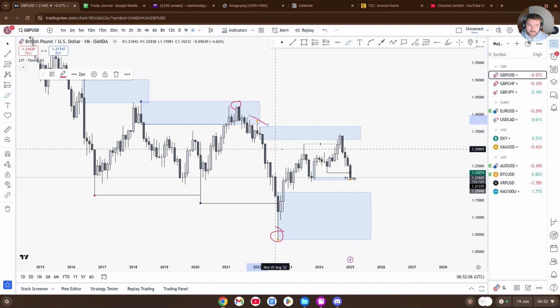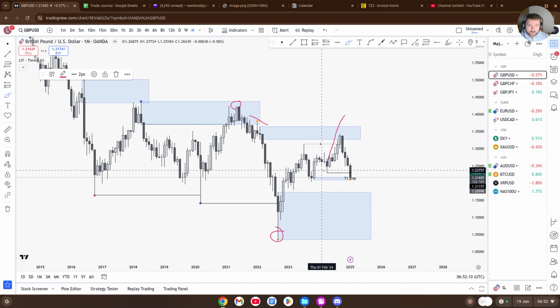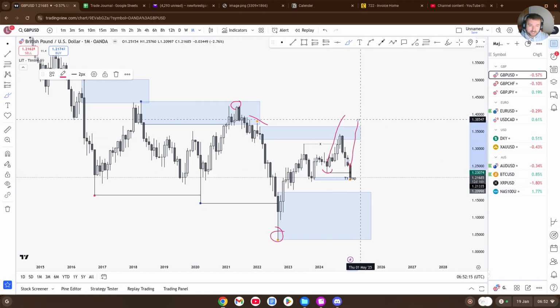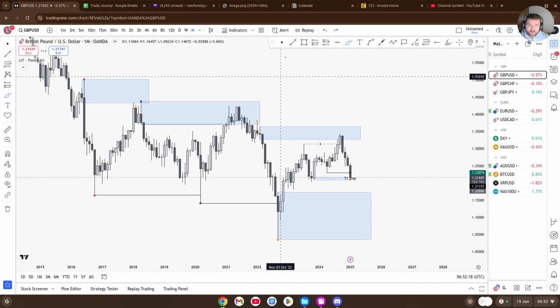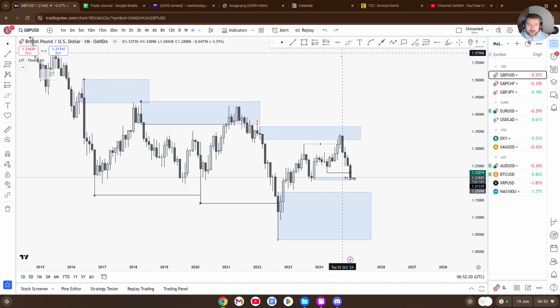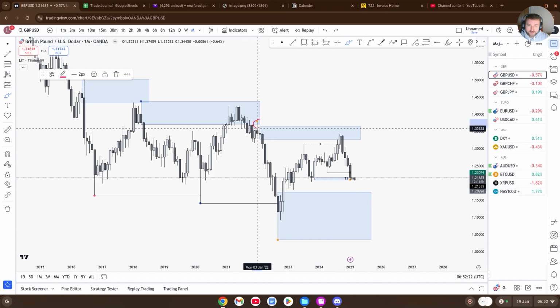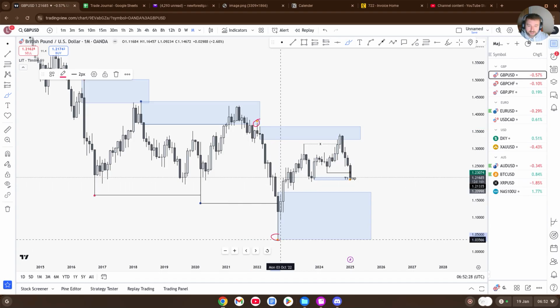So I was looking for that to get swept. I was looking for price to push up. That's why I was expecting this to hold, and I was looking for longs in here to come and take this out, and that obviously didn't happen. So now I know I was wrong, and where I went wrong is that this three candle formation right here, this is the strong high of this range from this high to this low.